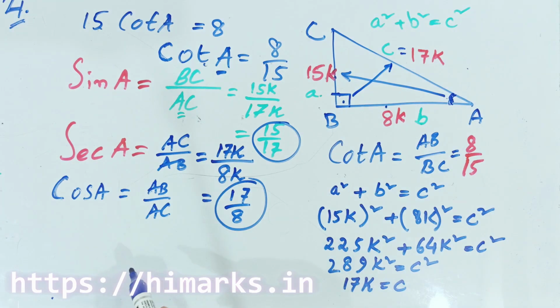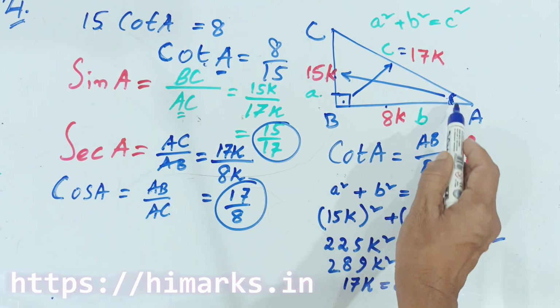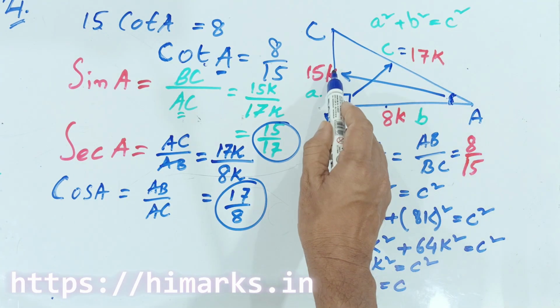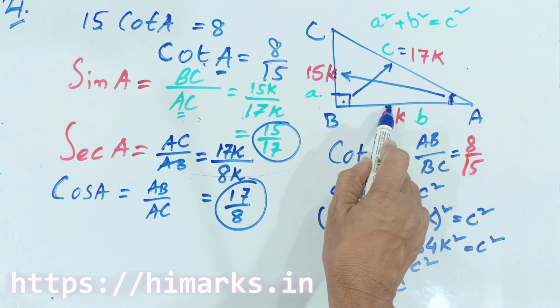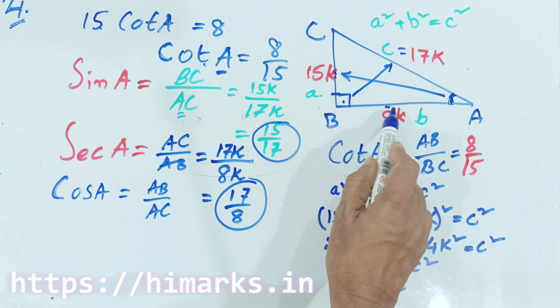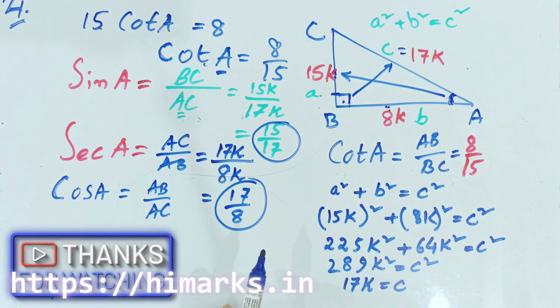This is the longest side in this triangle. So the angle's opposite is height, adjacent is base, and opposite to 90 degrees is the hypotenuse. Hope you have understood.